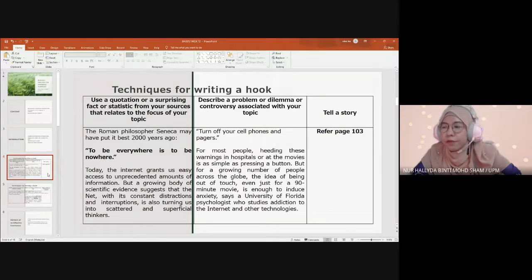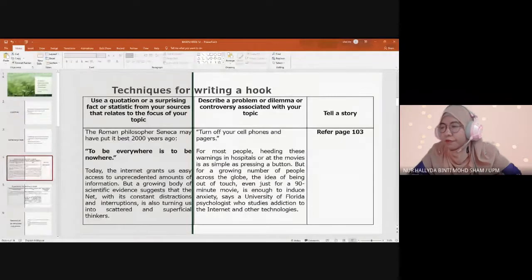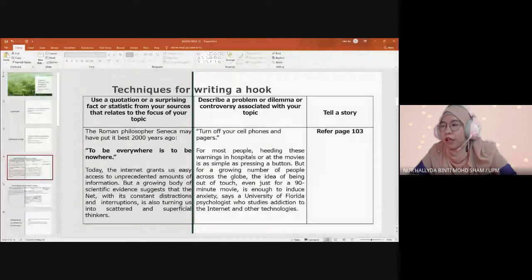For example, number one, you can use a quotation or a surprising fact or statistic from your sources that relates to the focus of your topic. In the example given on the screen, the topic is about the internet. So this author starts with a quotation by a Roman philosopher, Seneca.